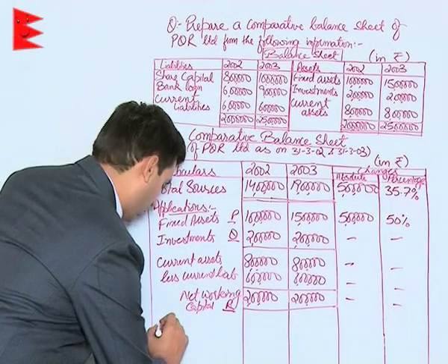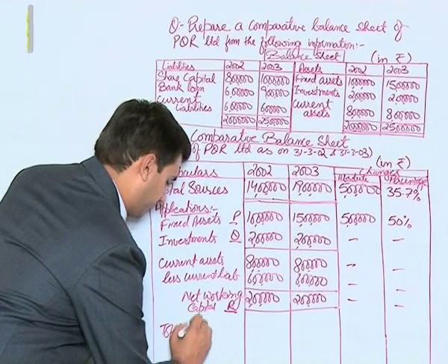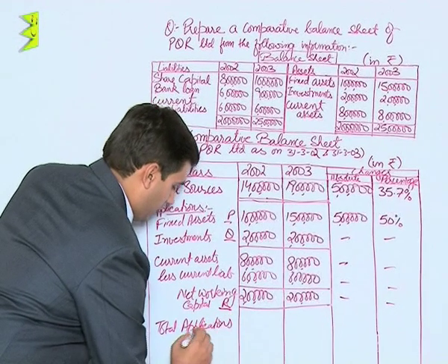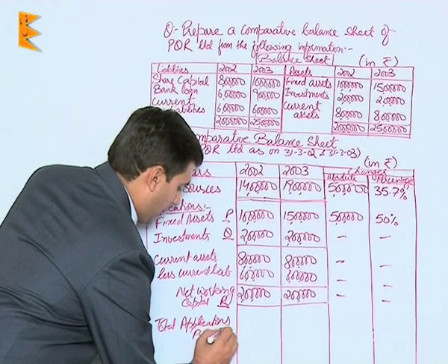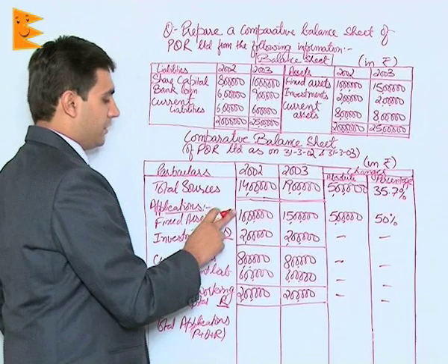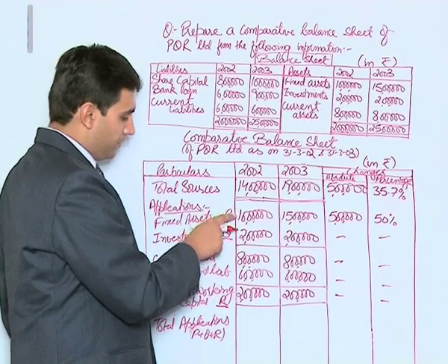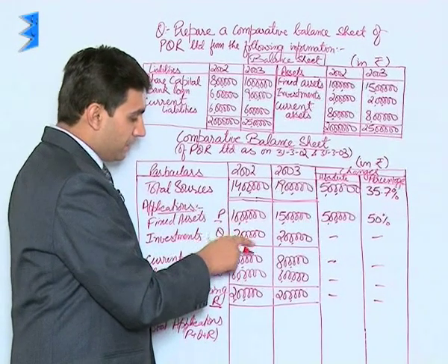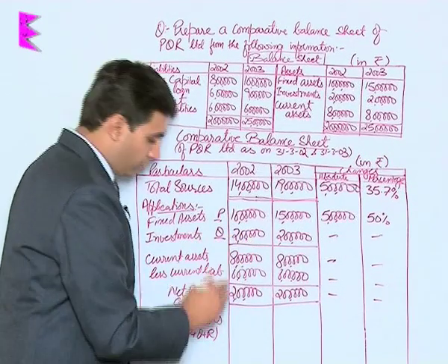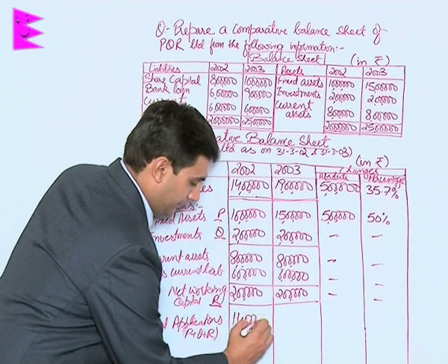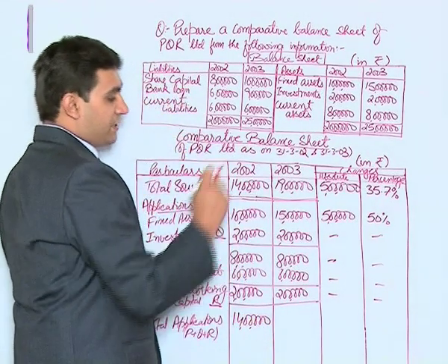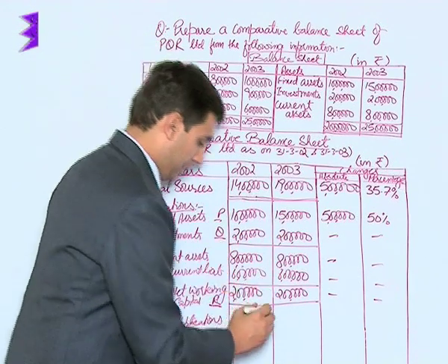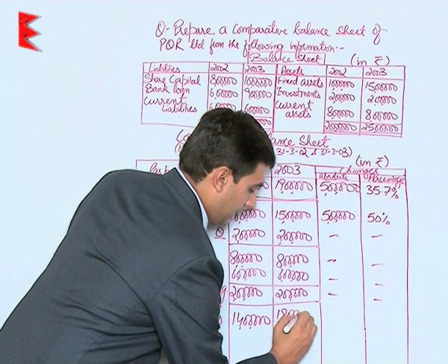Now let us calculate total applications. Total applications in this case would be P plus Q plus R, that is sum total of these three values, which for first year is 10 lakh plus 2 lakh, which is 12 lakh plus 2, that makes it 14 lakhs. For second year it is 15 lakh plus 2, that is 17 plus 2 again, that makes it 19 lakhs.